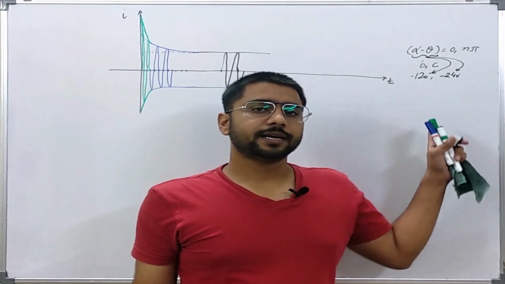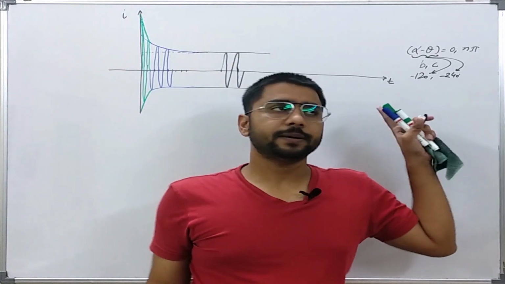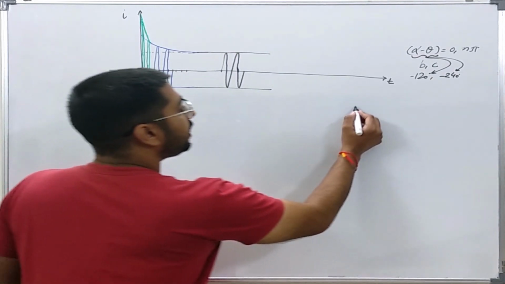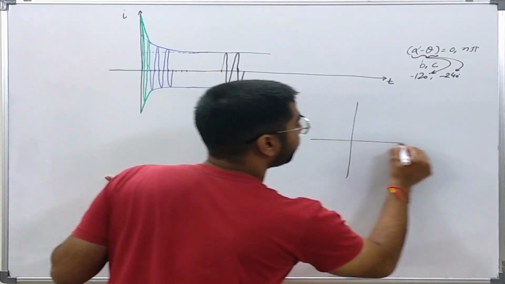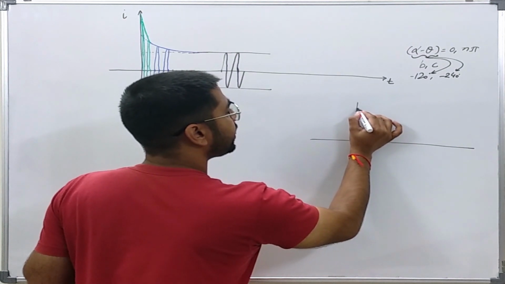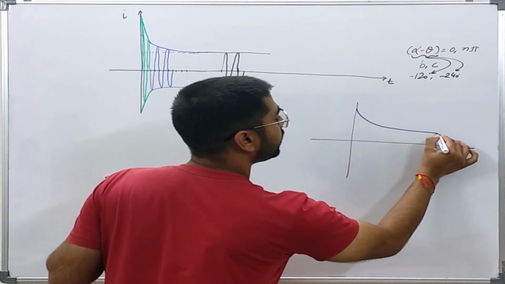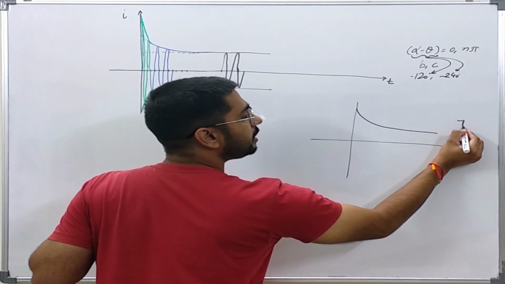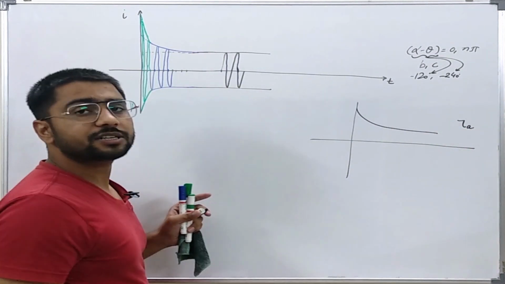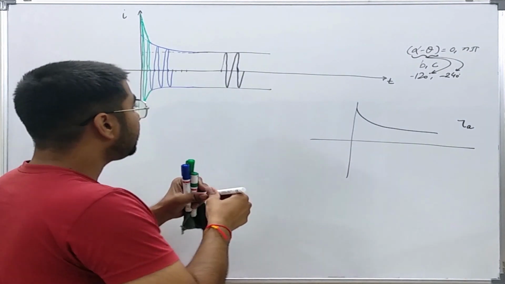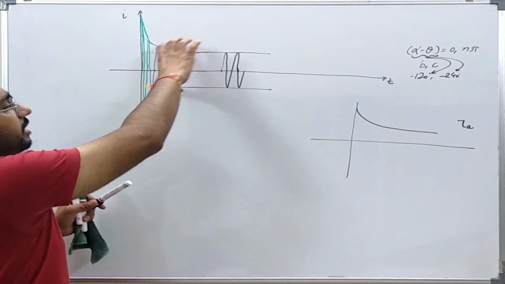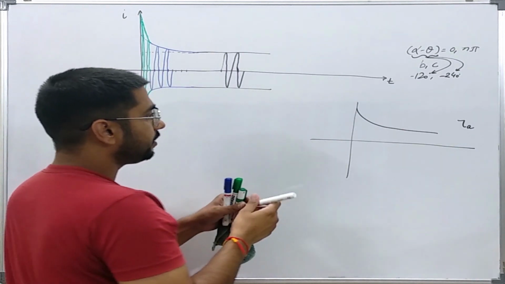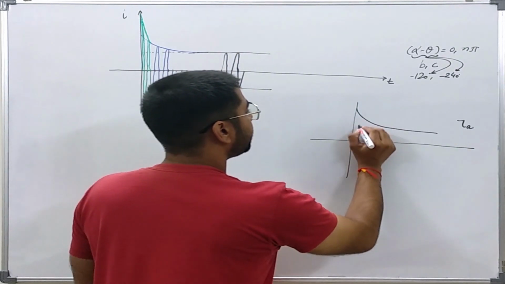Because of that, those phases will be having a DC decaying component, whose time constant will depend upon the time constant of the armature winding, and this kind of current will be superimposed on this. That is what we will get.